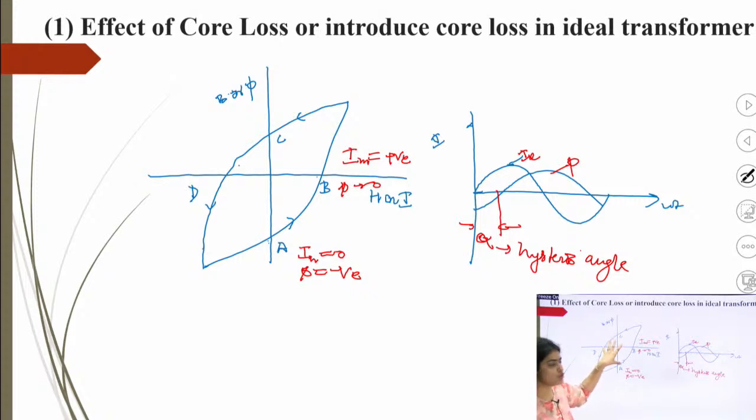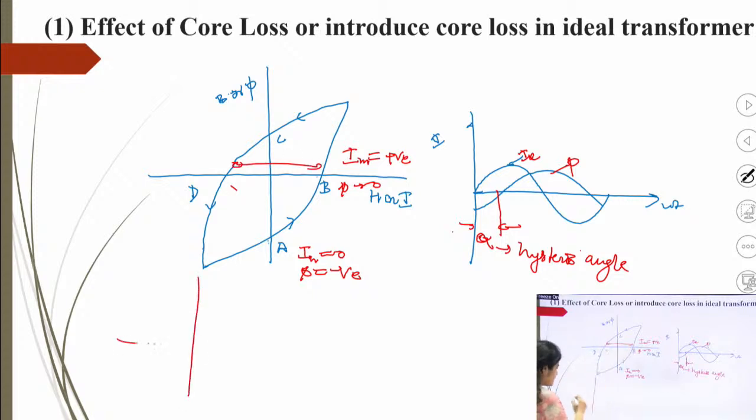This hysteresis loop is what we get when we magnetize and demagnetize the material. It shows how the core loss, the hysteresis loss, will be. Due to this hysteresis loss, there is some angle gap between the flux and the current, right. It depends upon how much hysteresis loss there is.